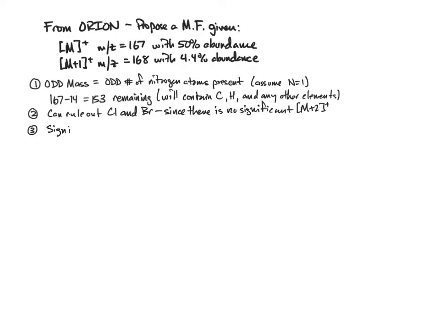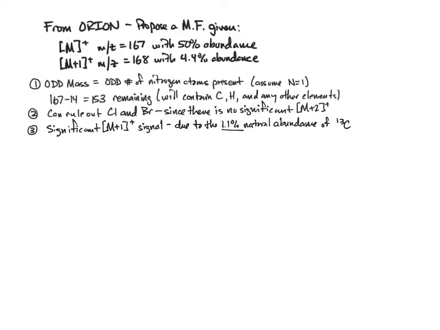So let's capture that significant M+1 contribution due to the 1.1% natural abundance of C13. Again, the naturally occurring isotope that's most abundant is carbon 12. The next isotope is carbon 13, and that's present in 1.1% abundance.